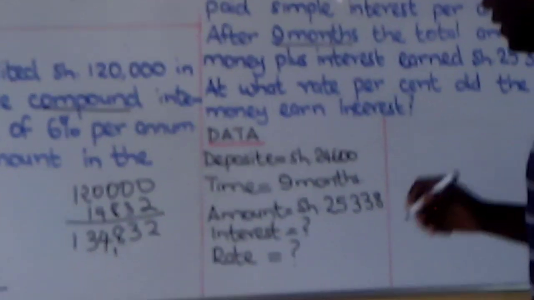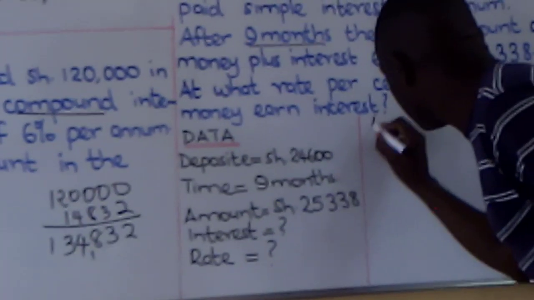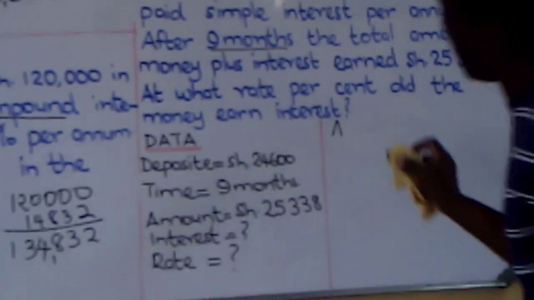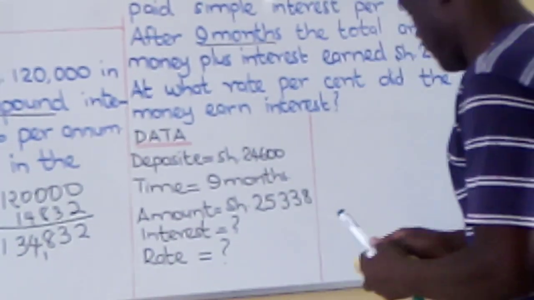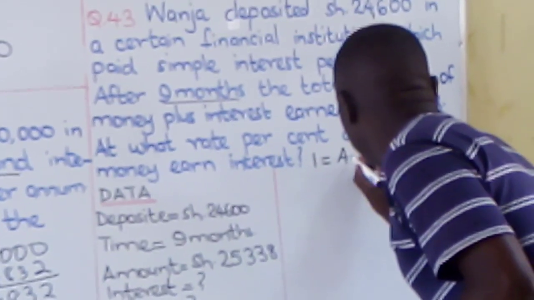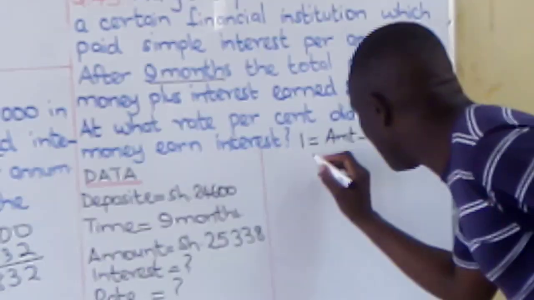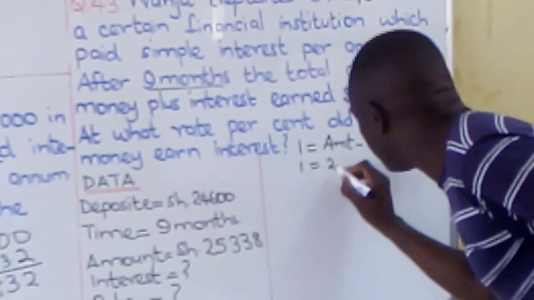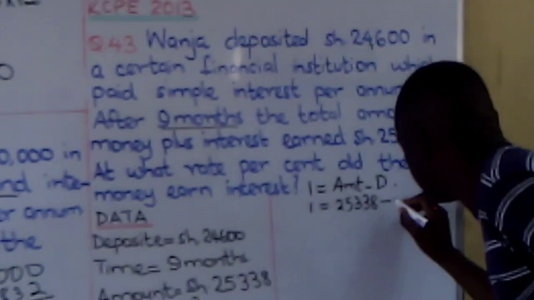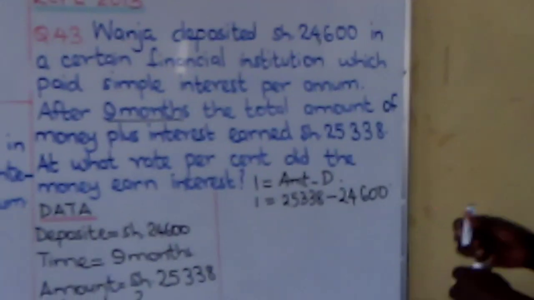When we are given amount and deposit, the formula is this. Sorry, it's interest, not amount. Interest here would be the amount minus deposit. The amount here is 25,338 minus the deposit 24,600.